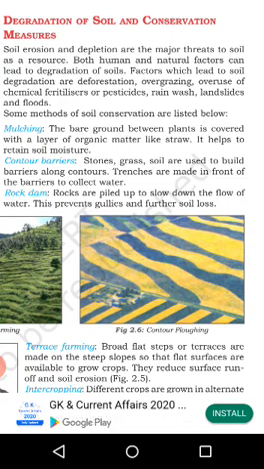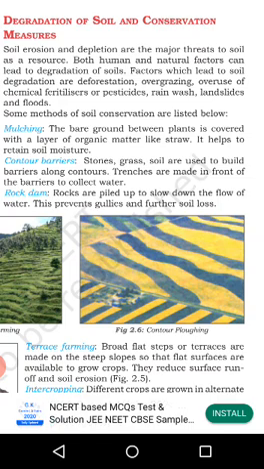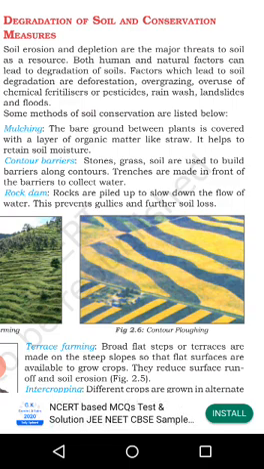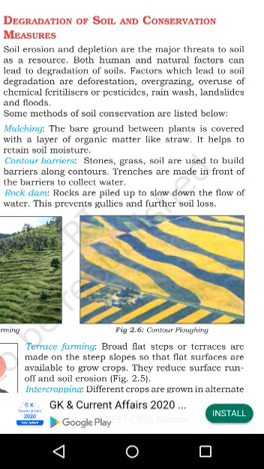The second method is contour barriers. Contour is a line that joins the area of equal elevation. So barriers should be made along the area of equal elevation.